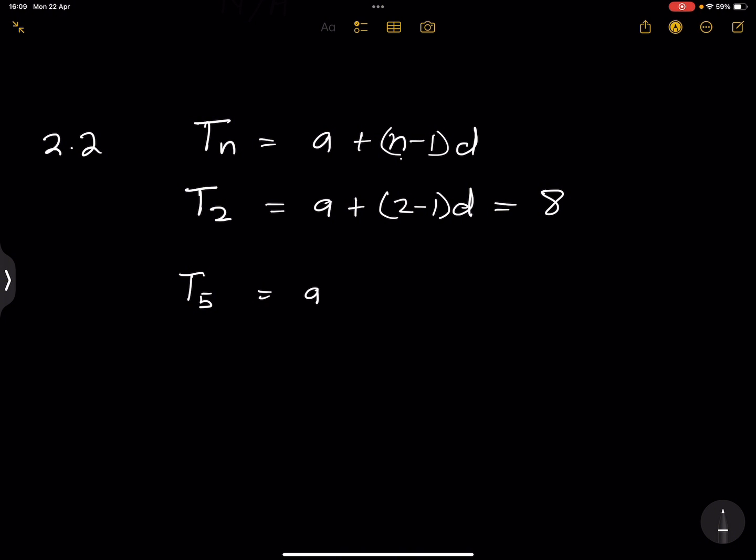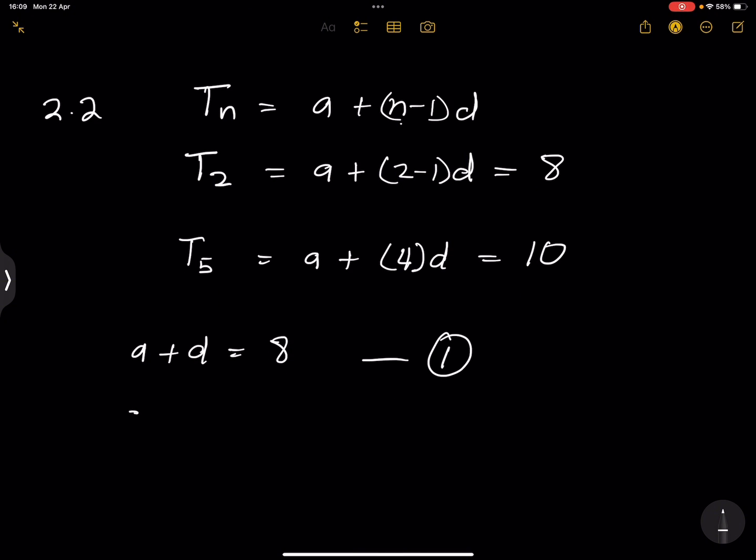So we know this is a plus 5 minus 1, that would be 4 times d is equal to 10. So I've got two equations. One, a plus d is equal to 8. Let's call that equation 1. And I've got a plus 4d is equal to 10.